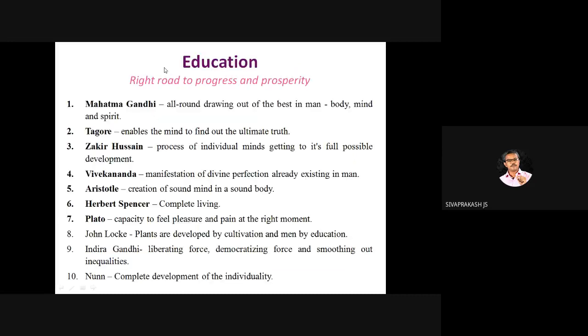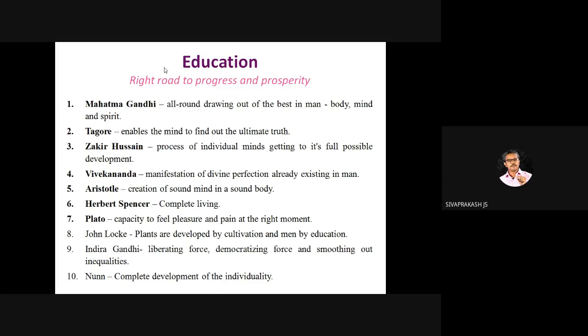Now some of the quotes. Right? Education is the right road to progress and prosper. Mahatma Gandhi says, all round drawing out of the best in man, body, mind and spirit. Body, mind and spirit.